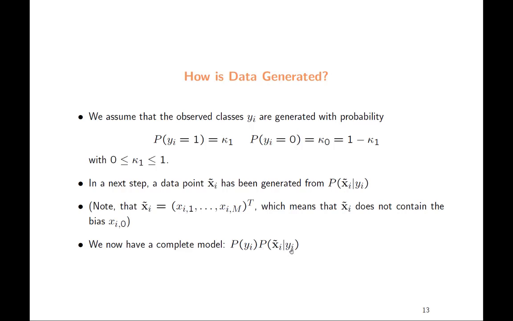So if there are only two classes, it's just one number. And then have a model of the observed data, x tilde, so x tilde doesn't have the offset, given the classes. And here you can be quite creative on the right side. We will cover the simplest case, which means that we assume that this can be modeled by a multivariate Gaussian distribution.